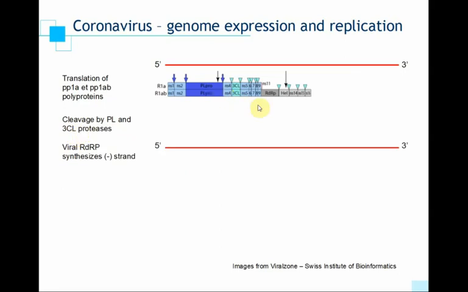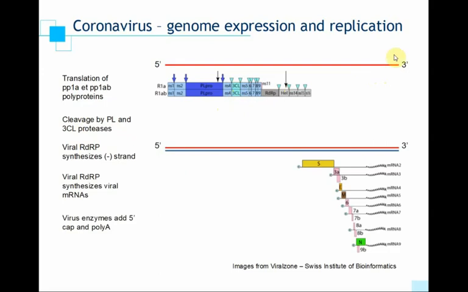Then, what do you have here? This is the RNA-dependent RNA polymerase. This is the virus polymerase, which can synthesize a negative strand. This negative strand is used as the template to transcribe these messenger RNAs.